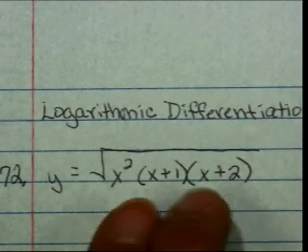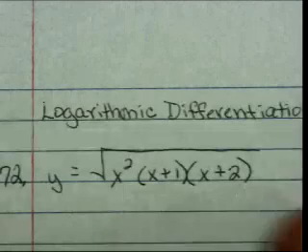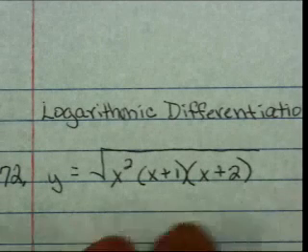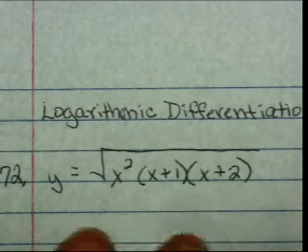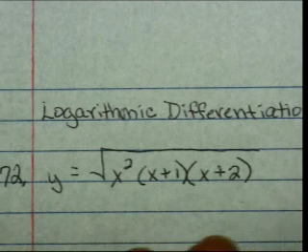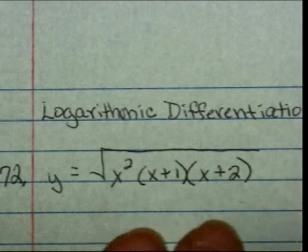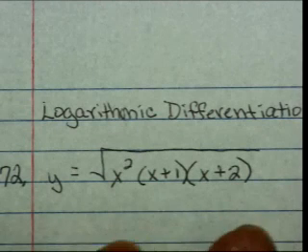I'd have to call that some huge ugly expression to the 1/2, and then when I went to take the derivative of the ugly, I'd have to use the 3-factor product rule. It would be horrible. I could do it, but it'd be horrible.